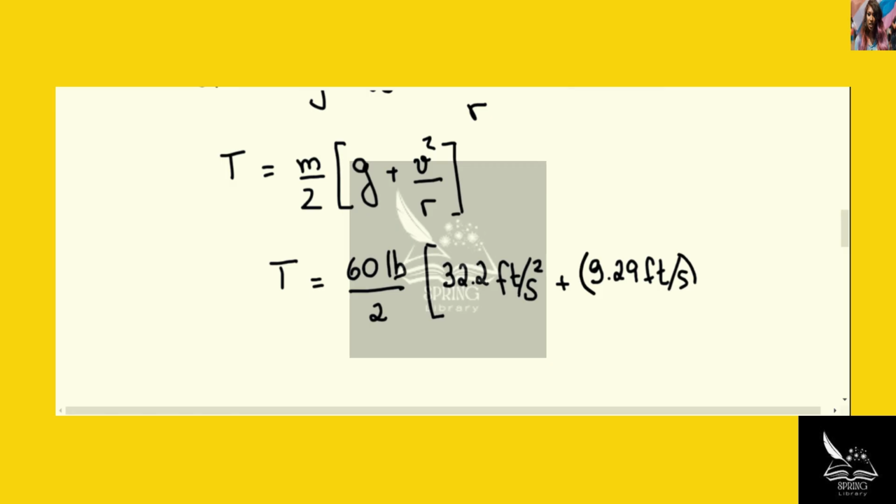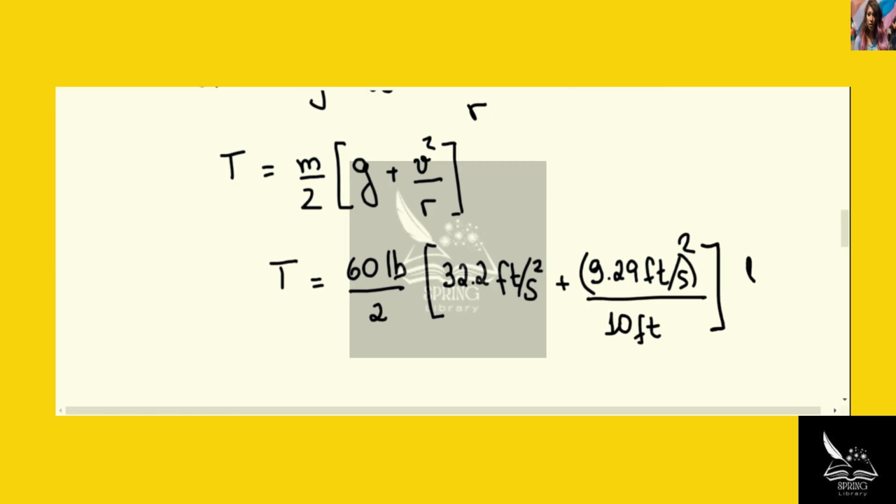So t is equal to 60 pounds divided by 2 times g, that's 32.2 feet per second squared, plus v, which we found to be 9.29 feet per second, squared, divided by r, and that's 10 feet.